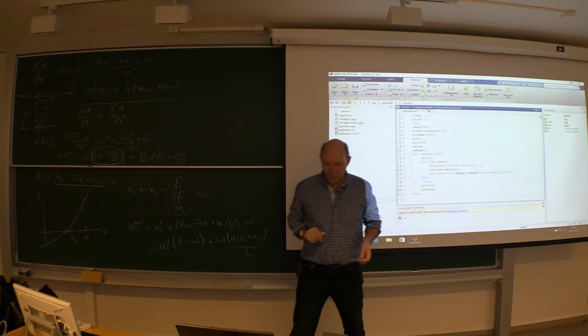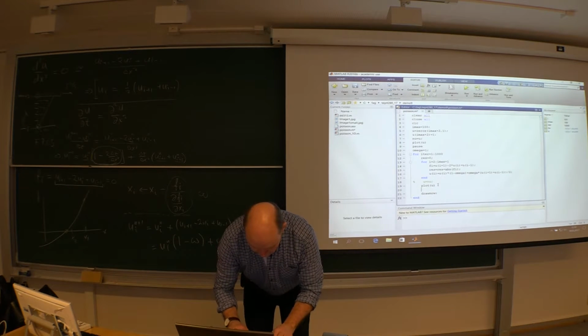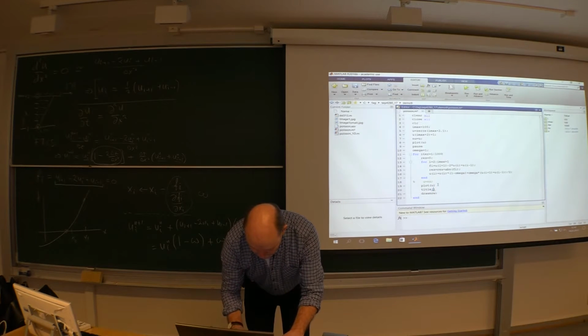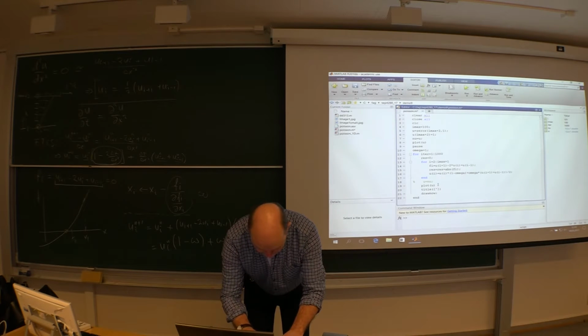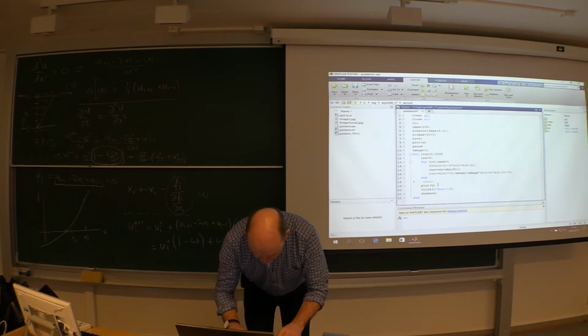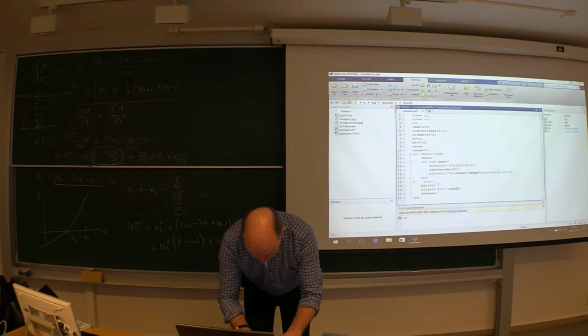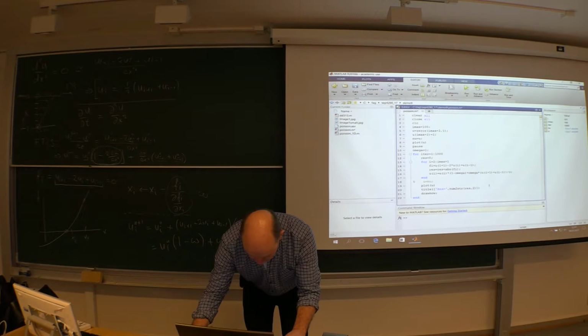We can even print out the residual, can't we? Title. What should we write here? We should write something like residual equal, numerical to string, the residual, a couple of digits.